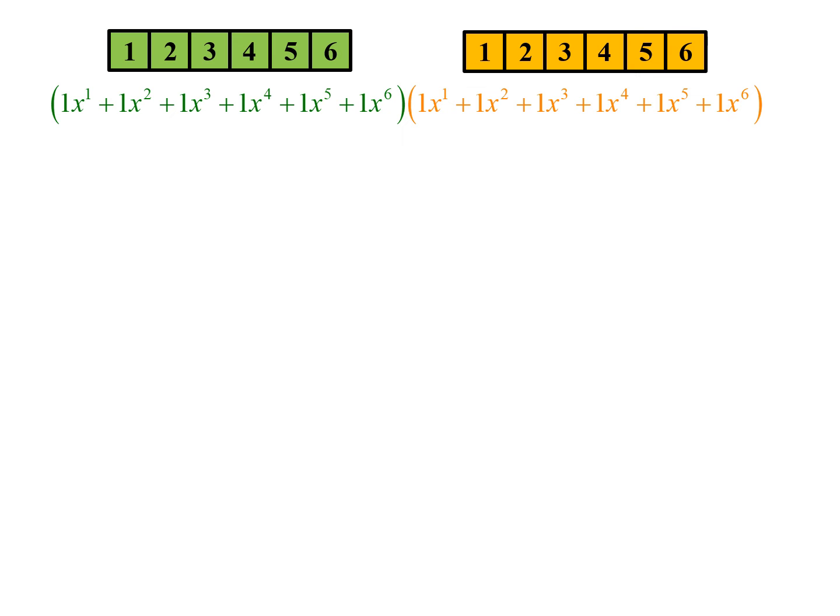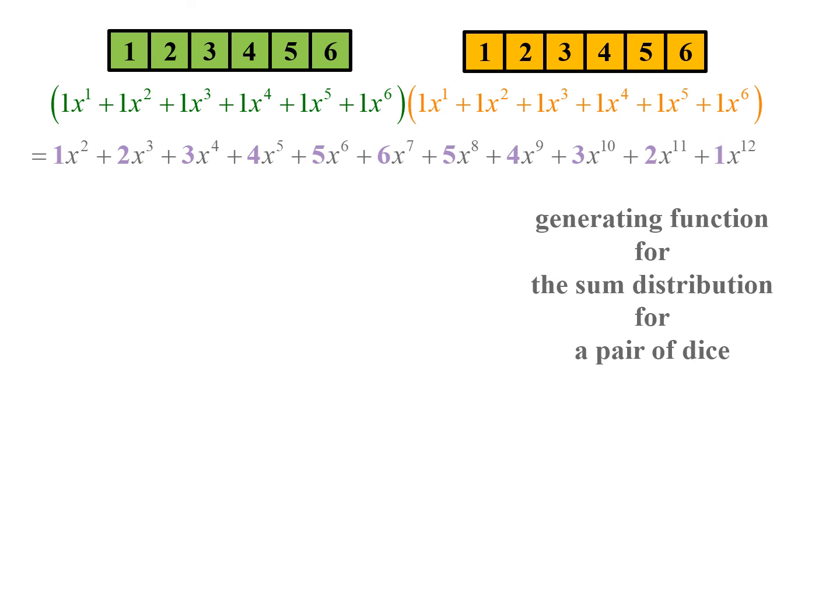We multiply our generating functions together to get a new generating function which has 11 terms. For each term, the exponent represents a sum, and the coefficient tells you how many ways you can get that sum by rolling the dice.